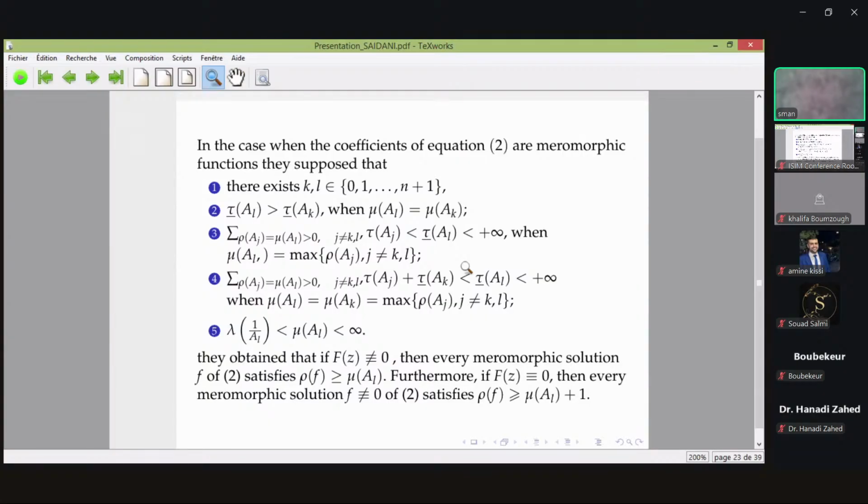In this case, they proved that if the second member of the equation is different from 0, meaning the equation is non-homogeneous, then every solution f has an order of growth greater than or equal to the lower order of the leading coefficient AL. And if equation 2 is homogeneous, the order of the solution is greater than the lower order of the leading coefficient AL plus 1.